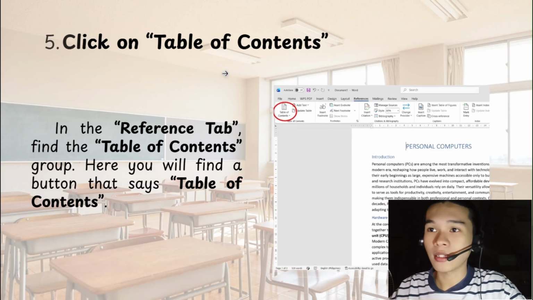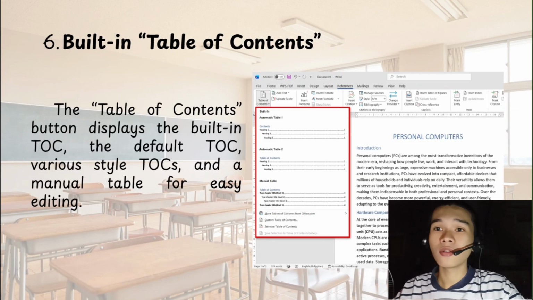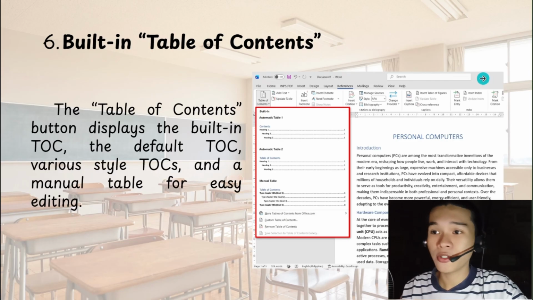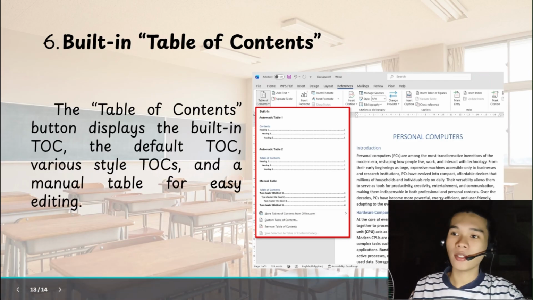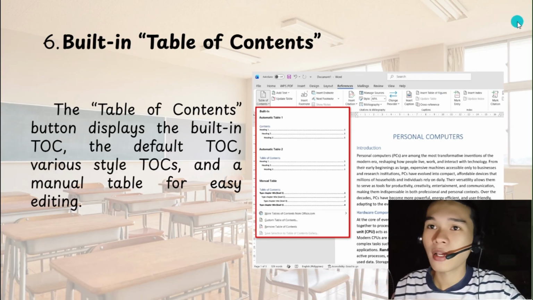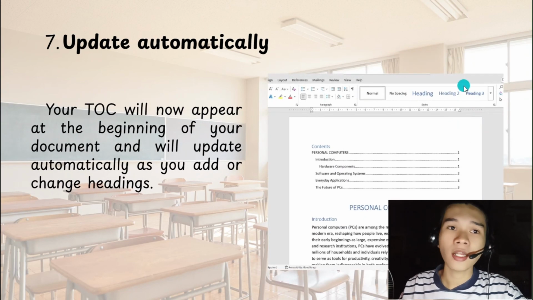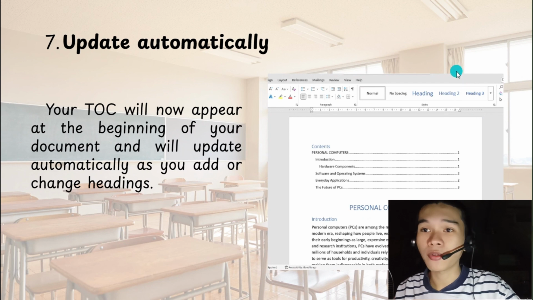After clicking it, a list of choices will be shown on the screen, and you can choose what style you want. After clicking your chosen design, it will update automatically, and your table of contents will appear in your document.